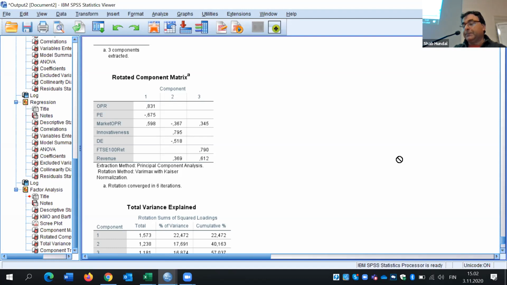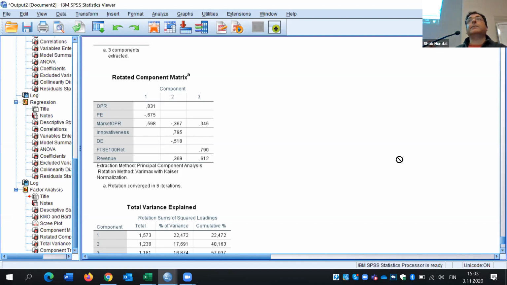So I can say that my first construct includes OPR, operating profit ratio, and the price to earning ratio. Are you with me? And the second construct is my organizational construct, which includes innovation and debt to equity ratio. And the third construct is only one variable, which is the index return.